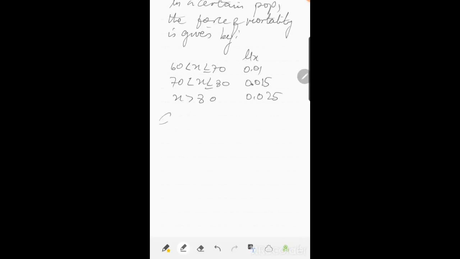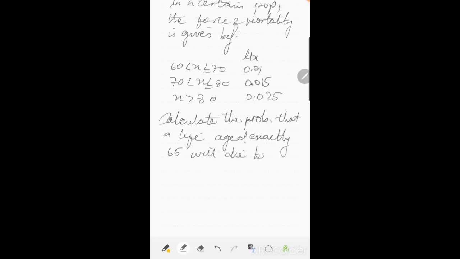So we say calculate the probability that a life aged exactly 65 will die between exact ages 80 and 83.